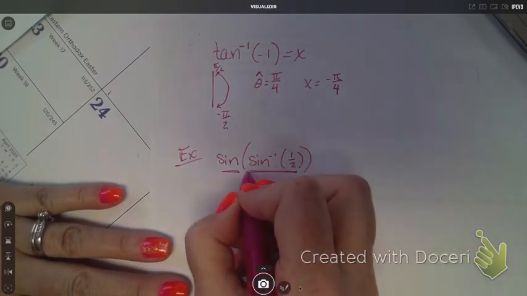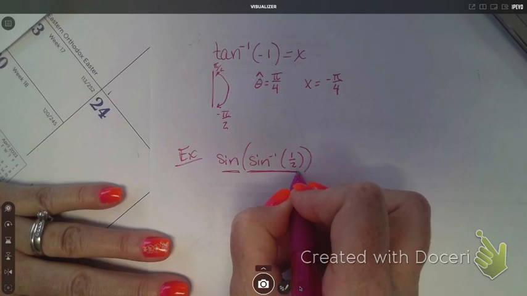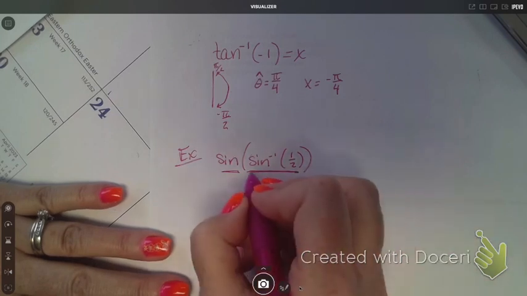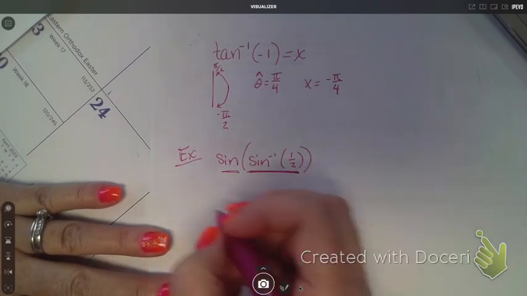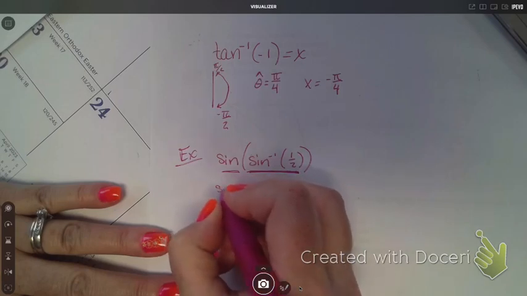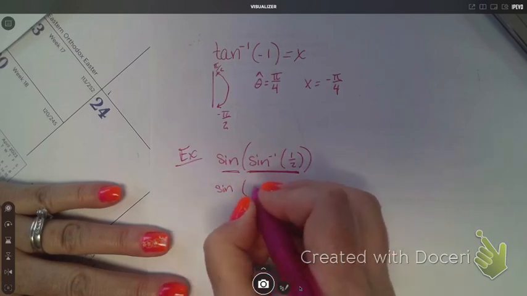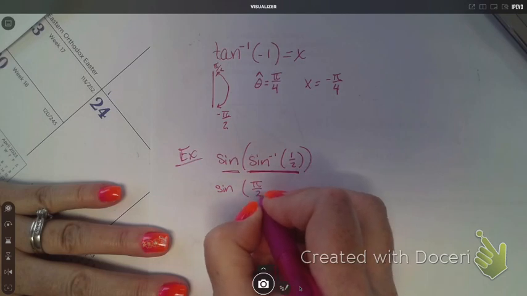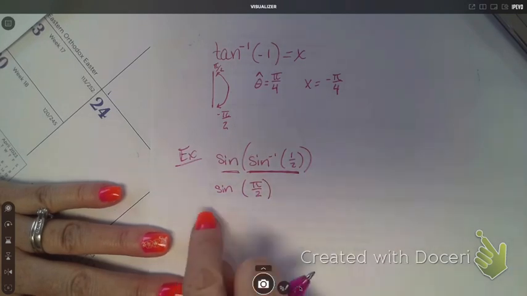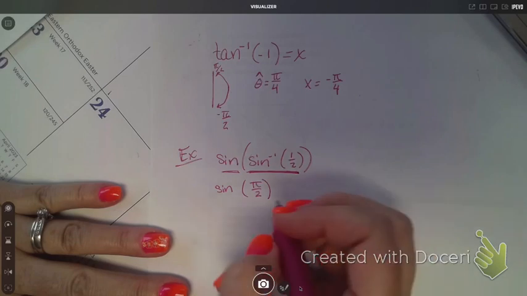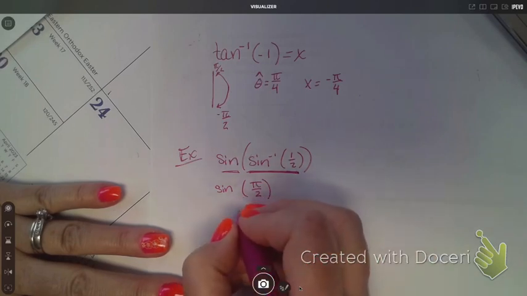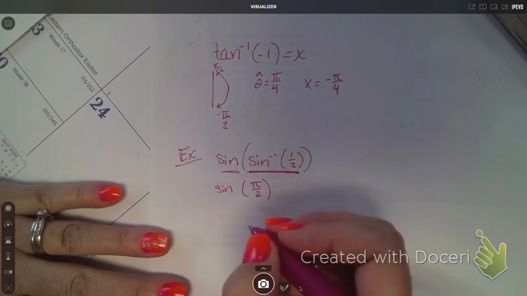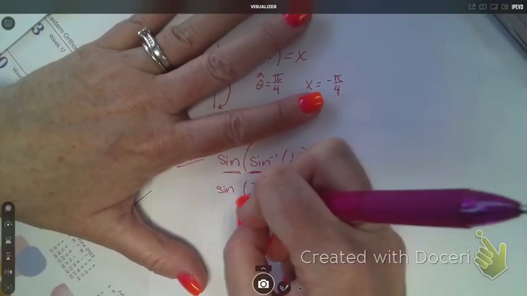So this one asks, where is sine 1/2 at? Radians? Pi over 2. And this one says, what is the sine at pi over 2? Oh, wait, not 90.